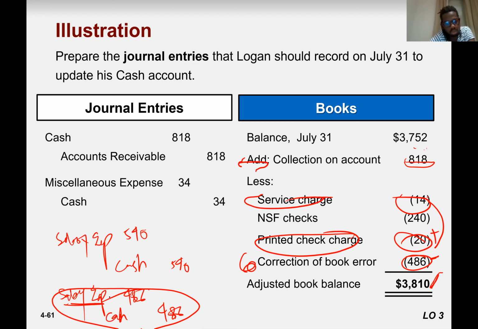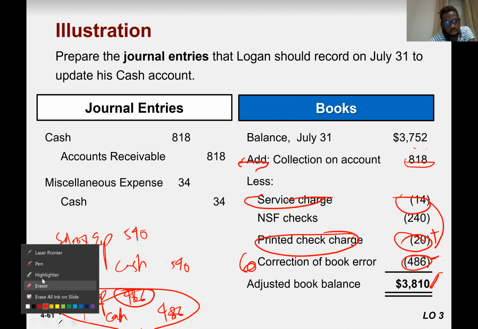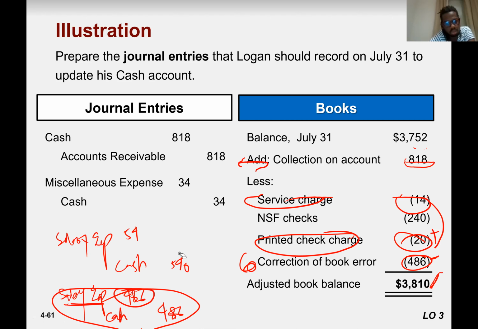Salary expense debited 486. If you transfer that into T accounts, the salary expense is going to be, see the salary, first 54 debited, right? And then 486, so total 540.